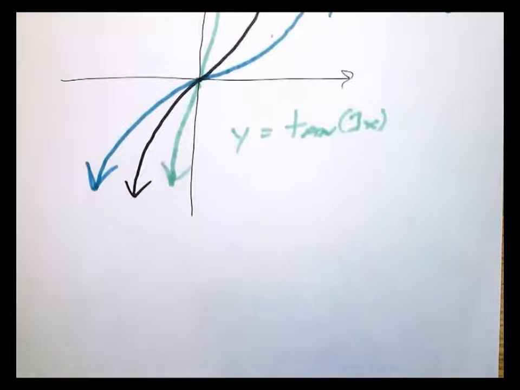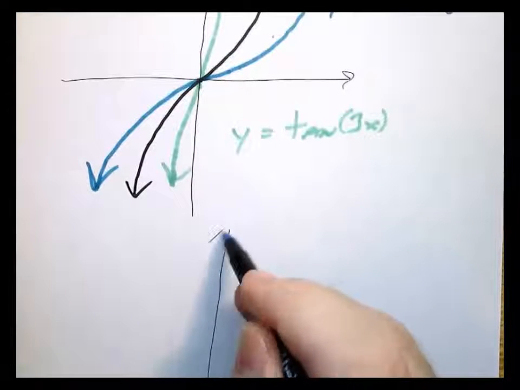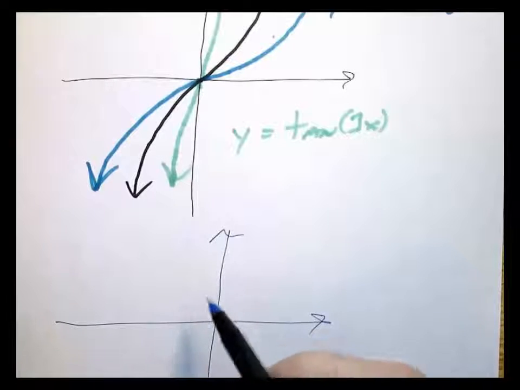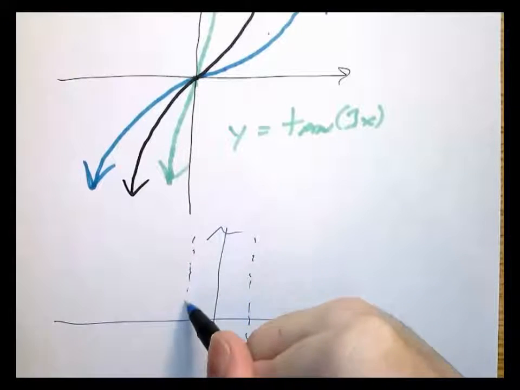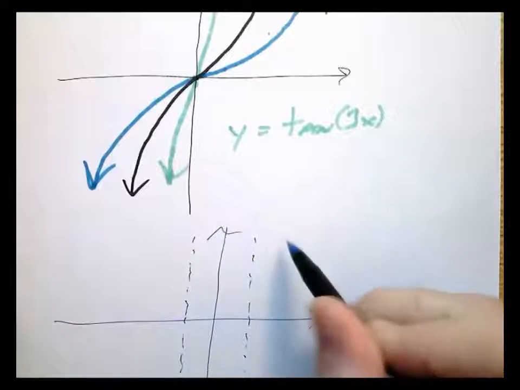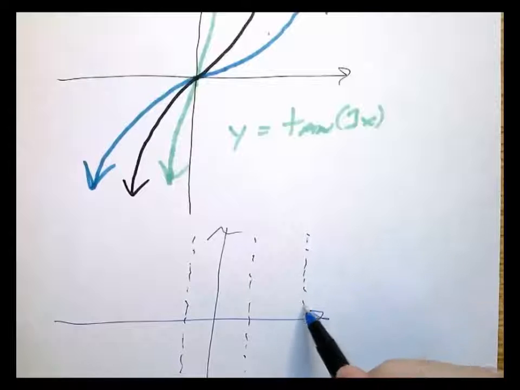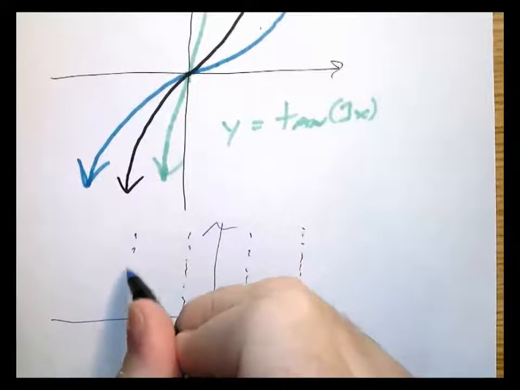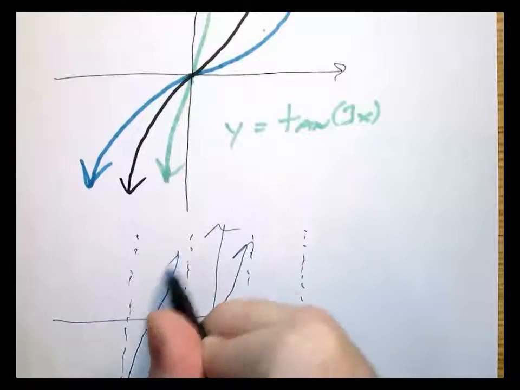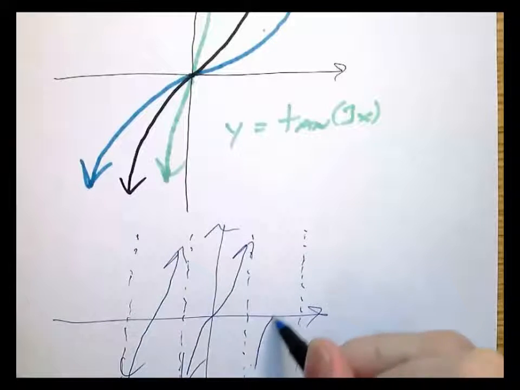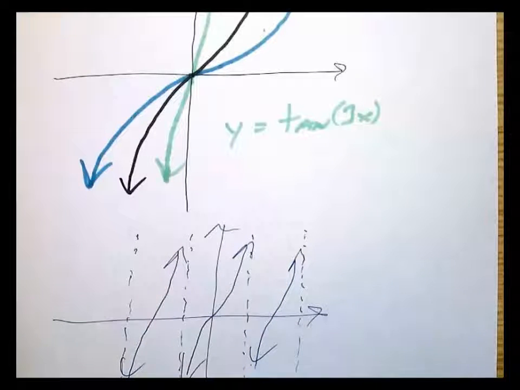So we would have our asymptotes, equally spaced here. And so we're going to have something like this, etc. So that's my graph of the whole thing.